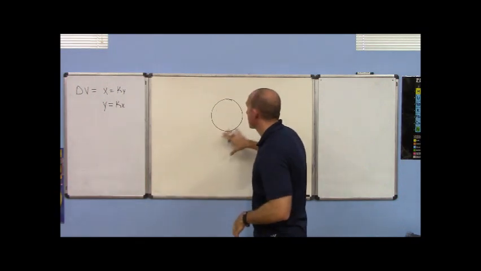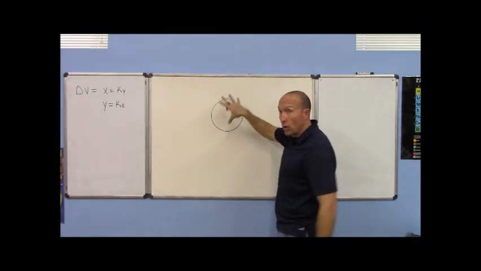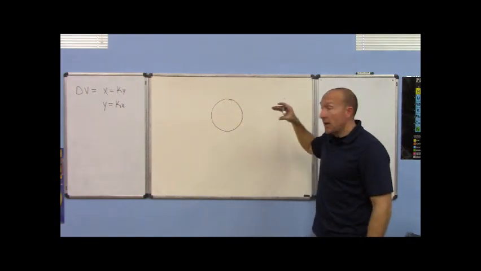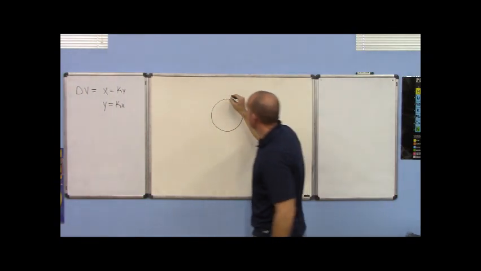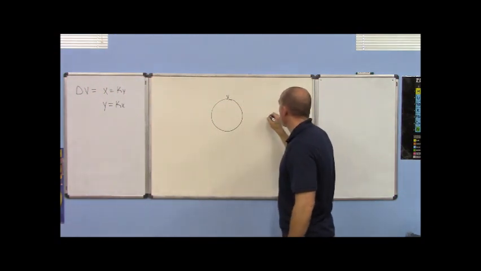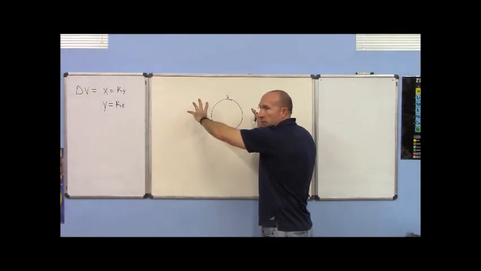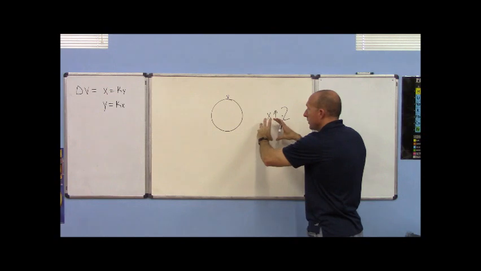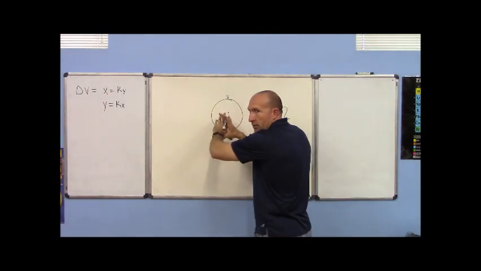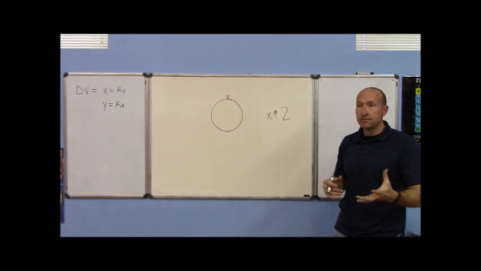So if one is discussing the area, and then the other one grows, if y is the area here, and if x grows or is increased by 2, well then the area is going to increase. Likewise, if x decreases, well then the area is going to decrease. So it is affected directly by x.